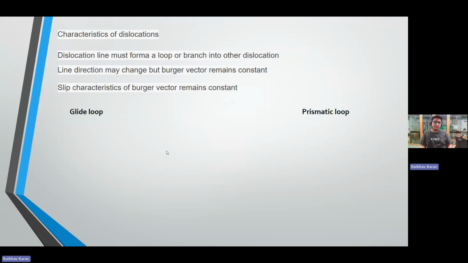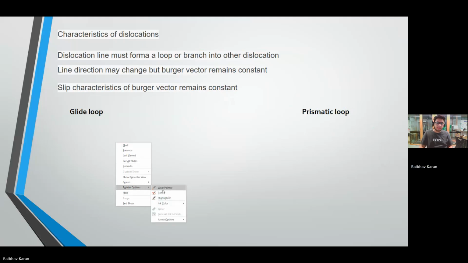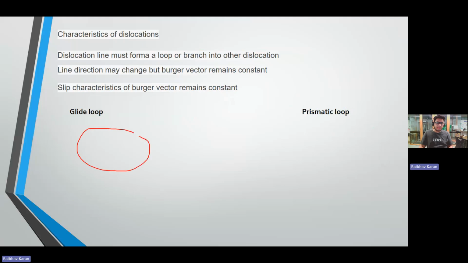So there is a glide loop and a prismatic loop, where there are multiple screw and edge behaviors. This is the line vector. This is the Burgers vector. This is Burgers vector 2, where the Burgers vector is this and the line vector is this. So this will show you edge character.